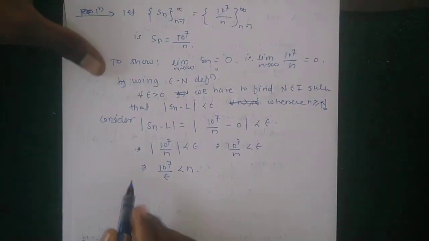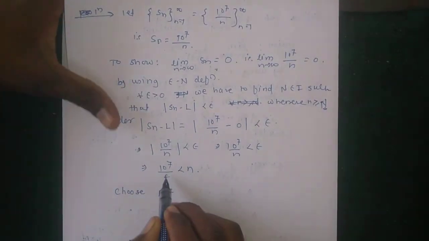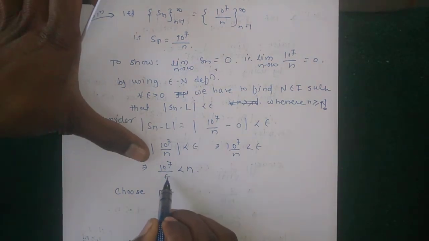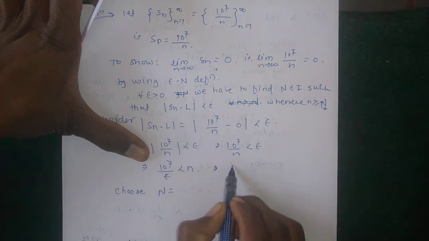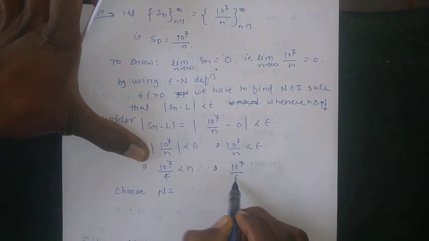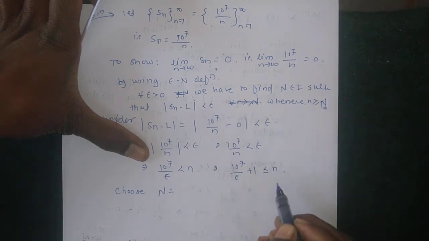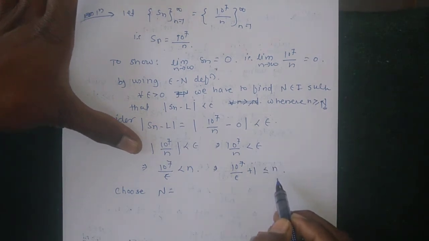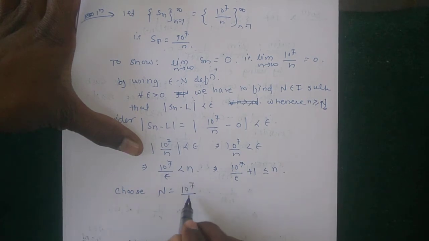So choose capital N equal to this value, 10^7/epsilon, which is strictly less than n. This implies 10^7/epsilon plus 1 is less than or equal to n. So choose N equal to 10^7/epsilon plus 1.